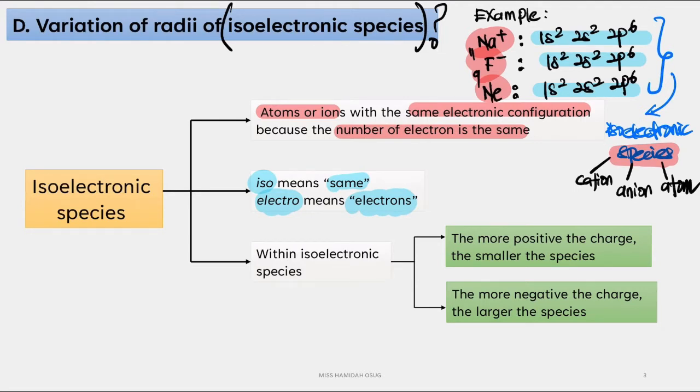So within the isoelectronic species, the more positive the charge, the smaller the species, and the more negative the charge, the larger the species. So this is what we call as a tip to remember about the isoelectronic species.